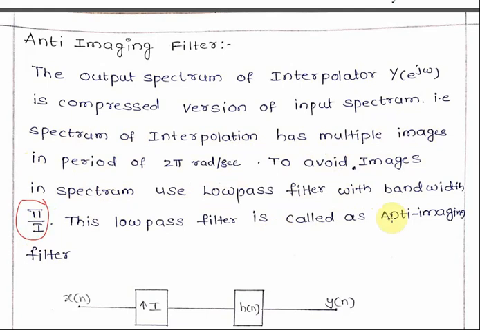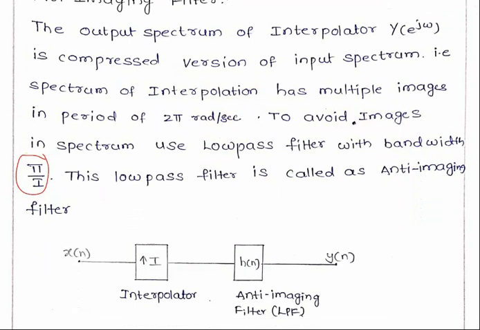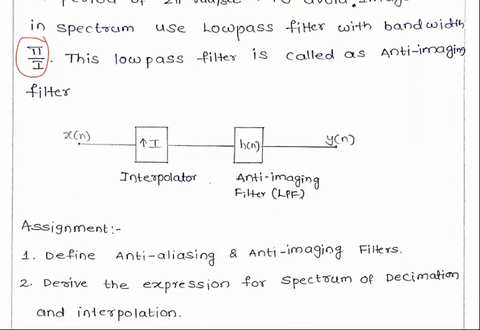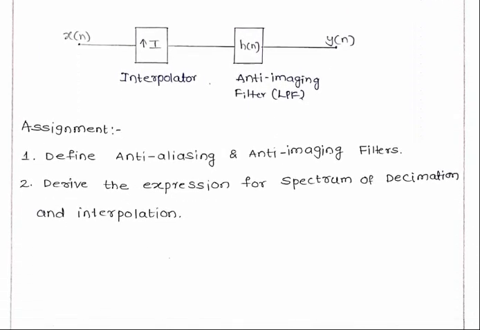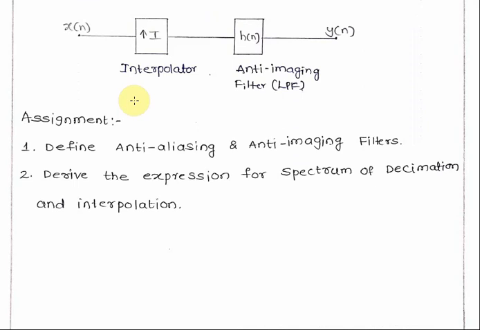This low pass filter is called the anti-imaging filter, and symbolically we can represent it like this: after interpolation we need to use a low pass filter, that is the anti-imaging filter, with bandwidth pi by I.